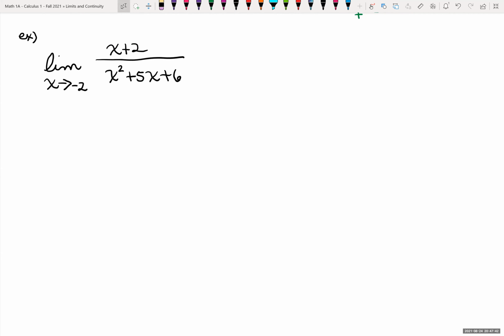If we did direct substitution like we had done before, we would still get 0 in the denominator. But this time when we plug in negative 2, wherever we see an x in the numerator, we get negative 2 plus 2, which is also 0. We kind of discussed this last week, and I said we'd get back to it, but this is what is called an indeterminate form.